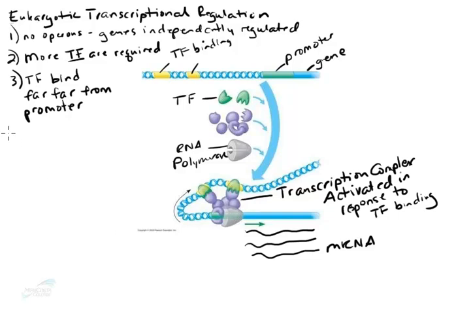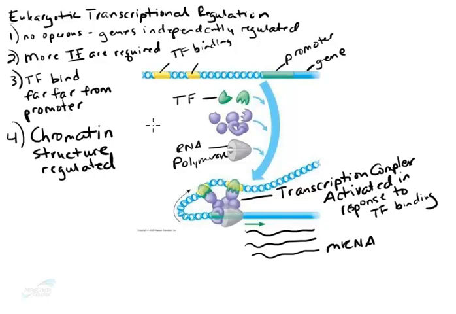But the other feature of eukaryotic transcriptional regulation that's really different than what's seen in prokaryotes, actually not found in prokaryotes at all, is that in eukaryotes, one way that we can regulate gene expression is by regulating chromatin structure itself.